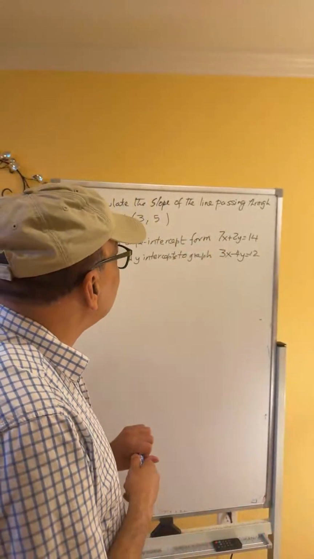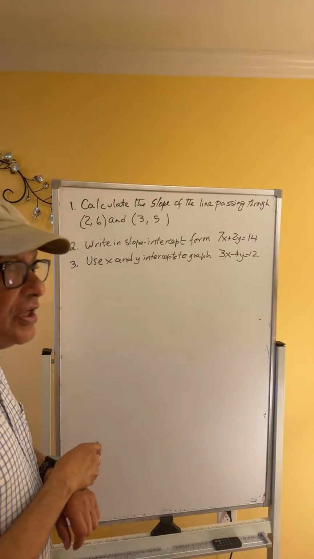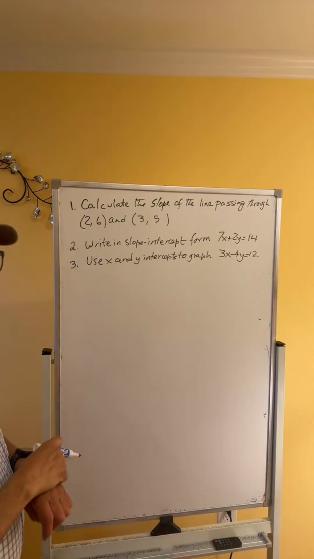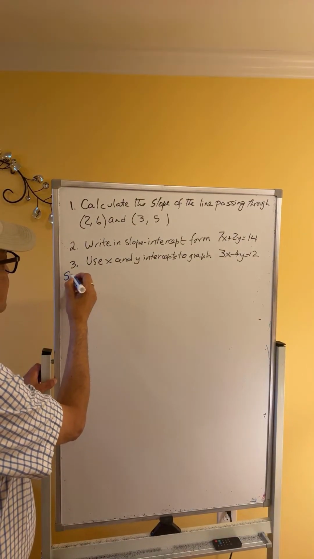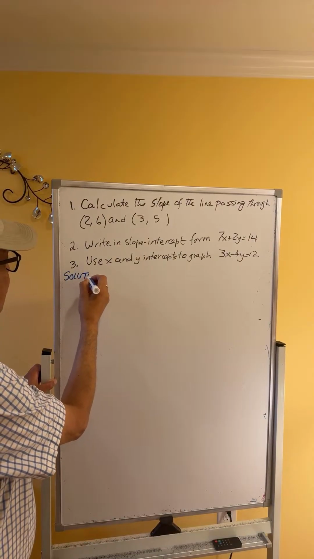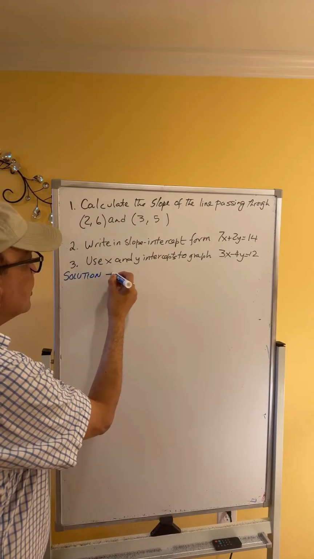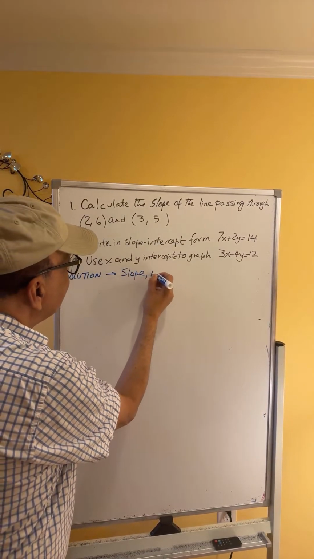So let's get started on these problems. It says calculate the slope of the line passing through. For those of you who wonder what is the meaning of the slope, so let's write solutions. Slope is given by m, and what exactly is m?